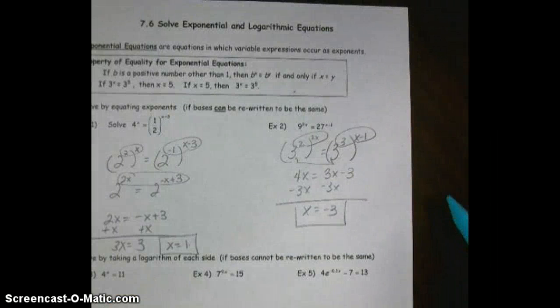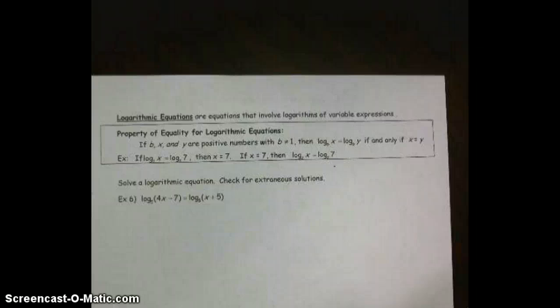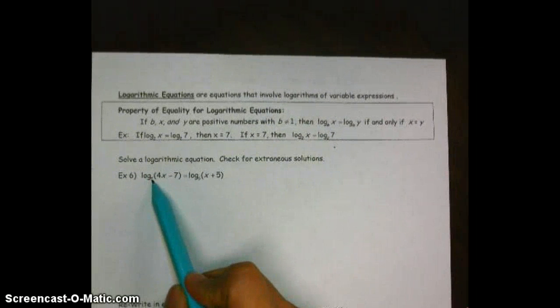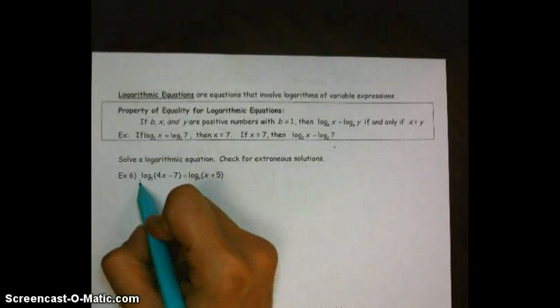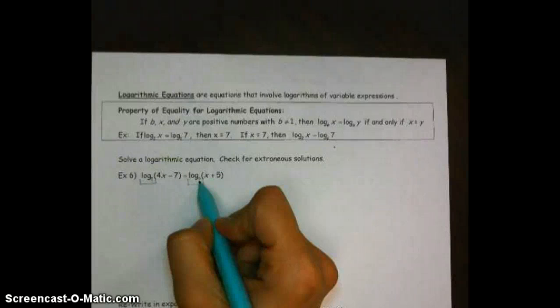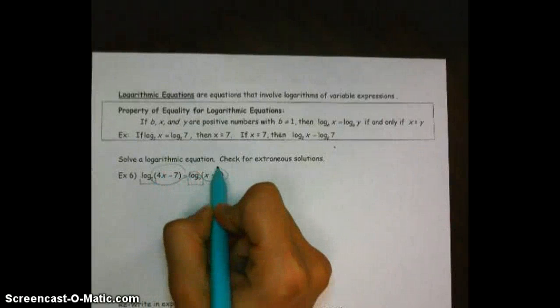Okay, so those are some examples of where I can change the base in exponential form. If we flip over to the back, we can see that when I have some log problems, I need to have log on both sides. If my bases are the same, that means my arguments have to be equal to each other.